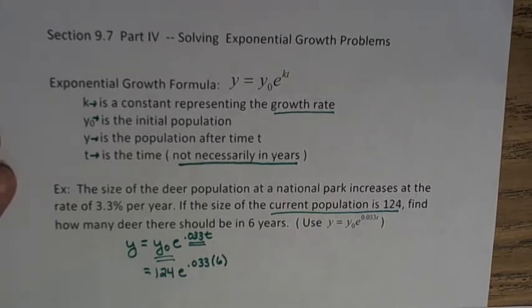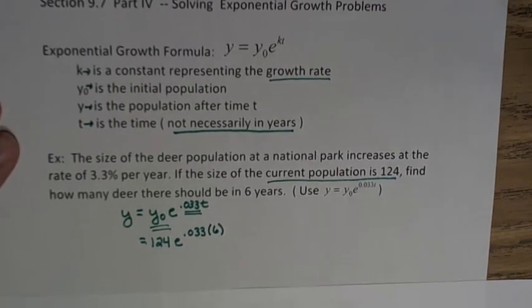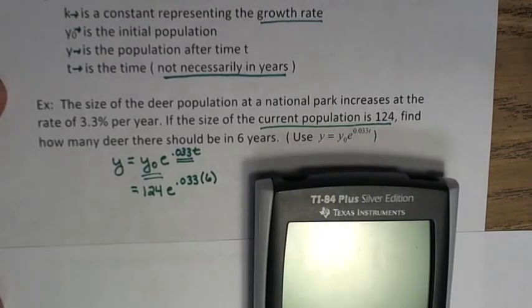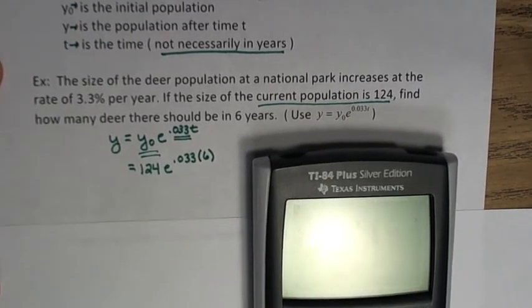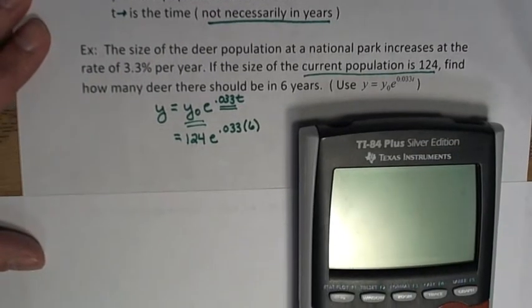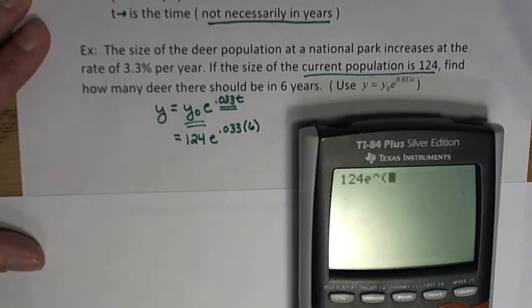And notice this problem really just becomes a calculation problem. So let's pull out our calculator, and we'll take a look at computing this. So again, 124. We're going to pull up our e. And again, I always like to use the one here that's above the natural log. So I hit second and raise to.